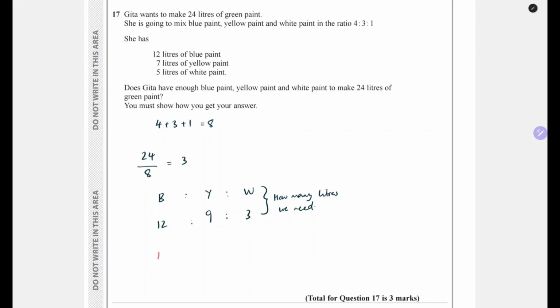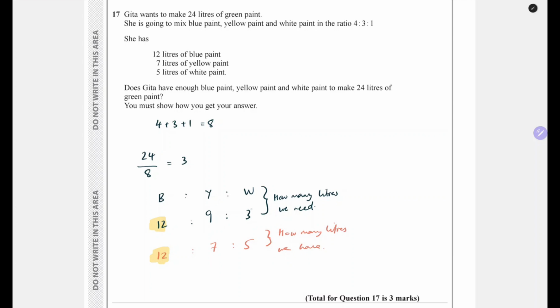Let's look at how many litres we have. We have 12 litres of blue paint, 7 litres of yellow paint, and 5 litres of white paint. We can see we have enough blue paint, so we're okay with the amount of blue paint.